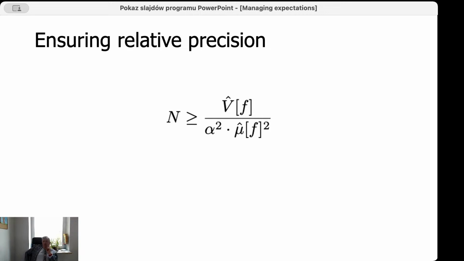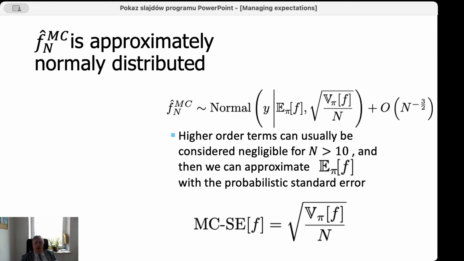This can be very useful in situations where we want to ensure relative precision, because in order to get some kind of good representation, we need to get n^(-3/2) small.